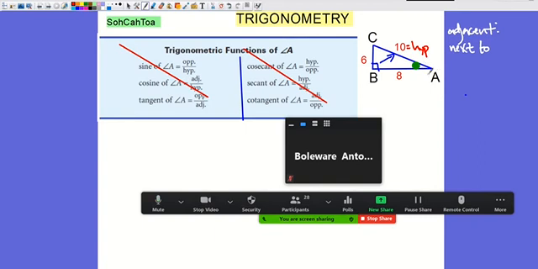You can say 10 is next to the green dot. You can say 8 is next to the green dot. However, it cannot be 10 because 10 is already the hypotenuse. So 8 must be your adjacent.